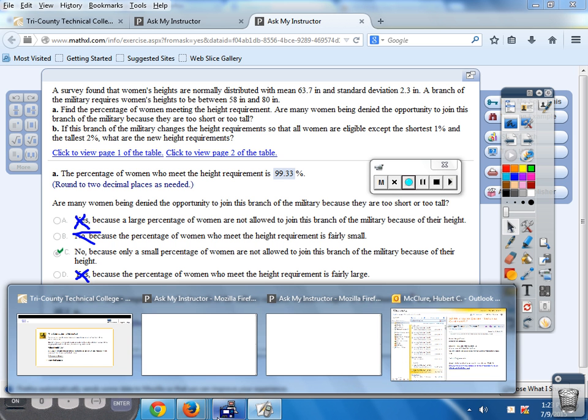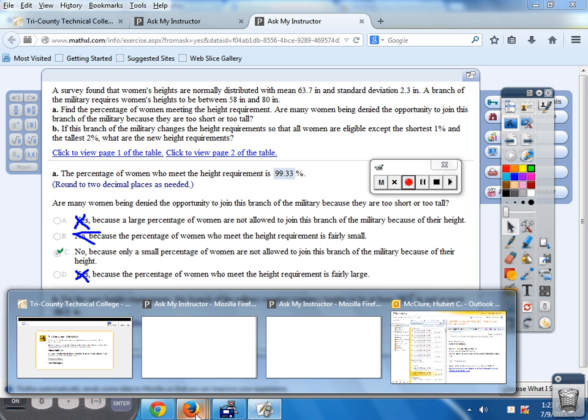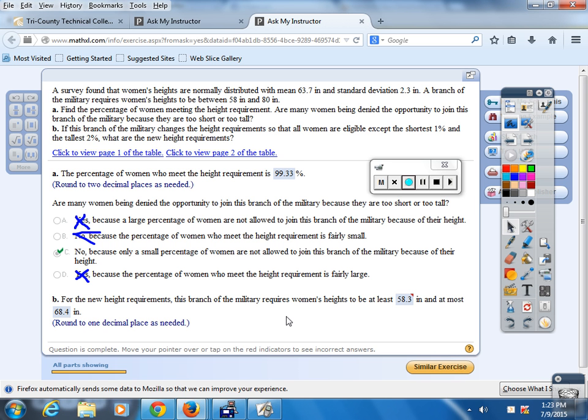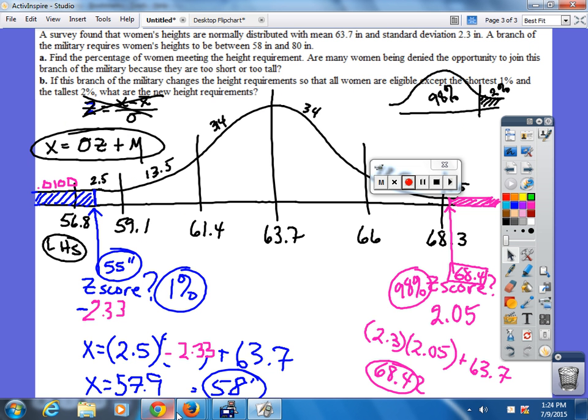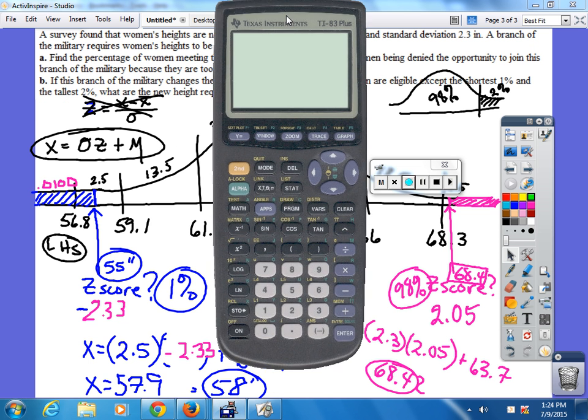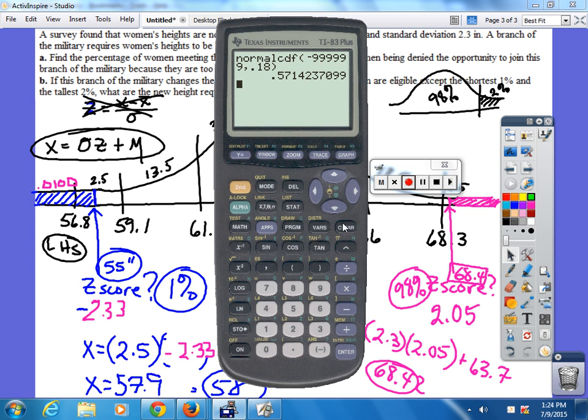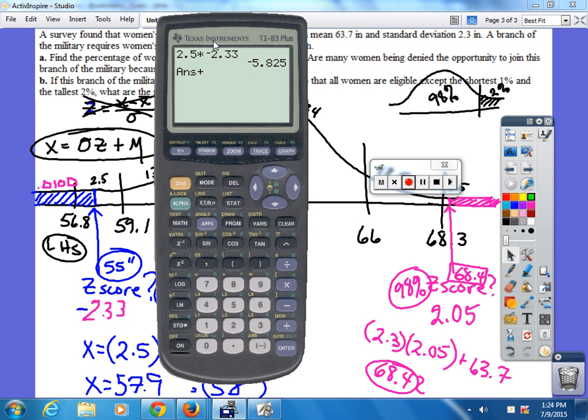Okay, well, there must be something wrong, so let's go back and check it. Let me use the calculator and see, because evidently there's something not right. So take my handy dandy calculator and take negative 2.5 times negative 2.33 and add to 63.7. 57.8, that'd be 57.9.